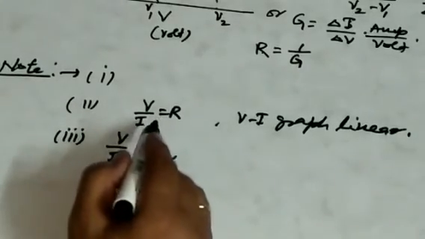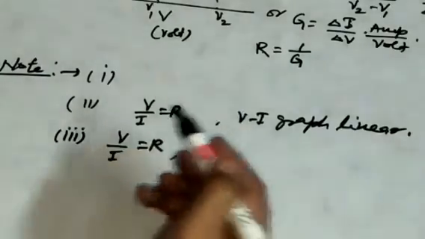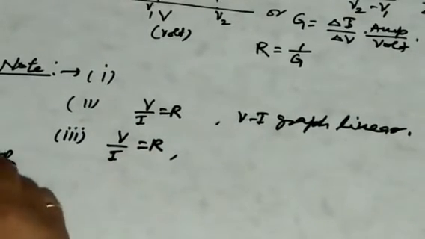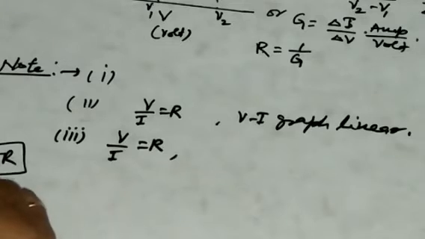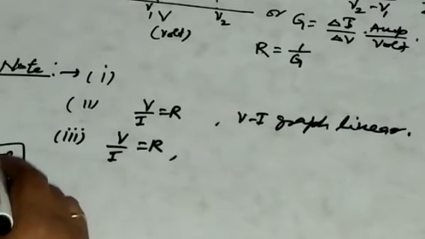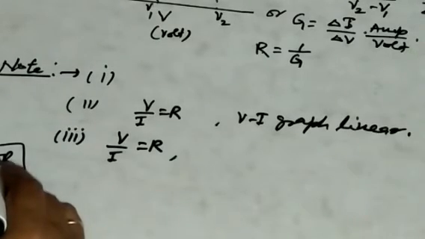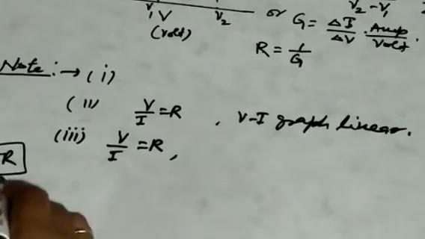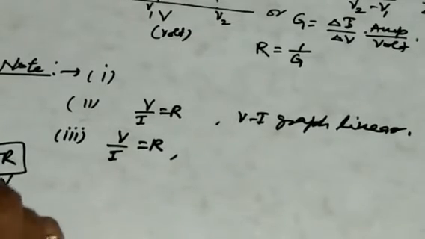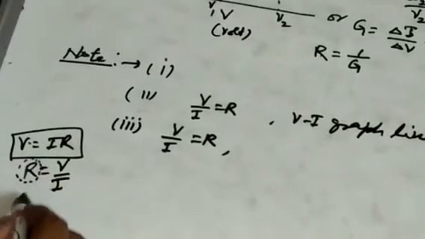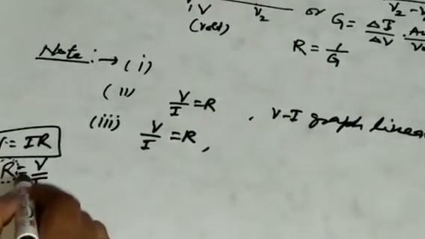So please don't keep this misconception in your mind that V is equal to IR is the statement of Ohm's law, because it is true for both ohmic as well as non-ohmic conductors. Simply you can say R is equal to V upon I, and this formula is used to define the resistance of a conductor.